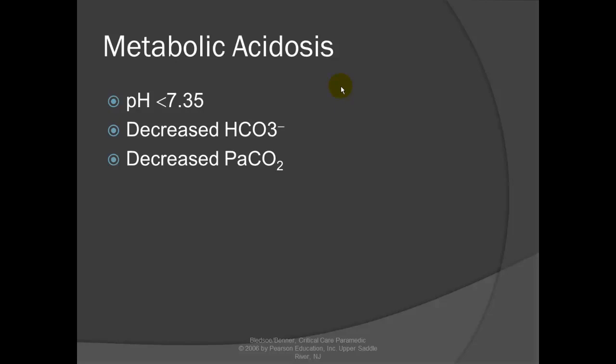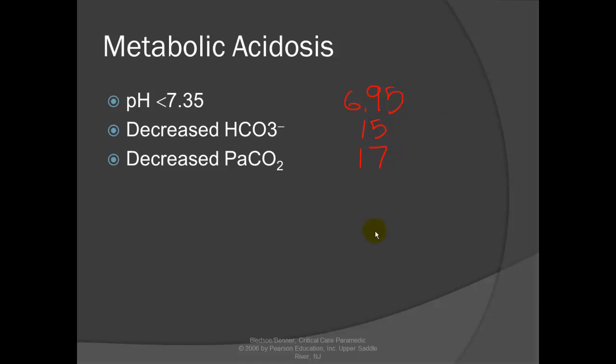You get an ABG on this person from your iStat, and their pH is 6.95. Their PaCO2 is 17, and their HCO3 also is, let's do 15 on this.